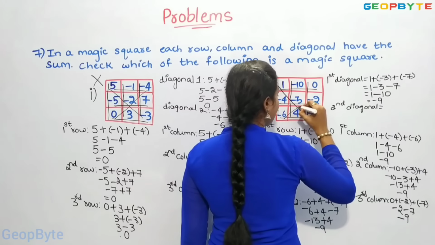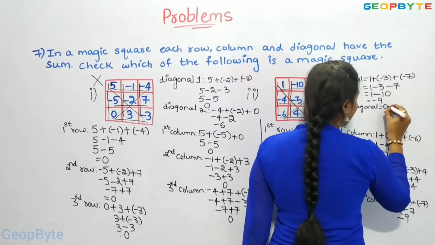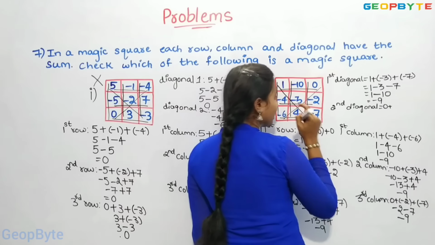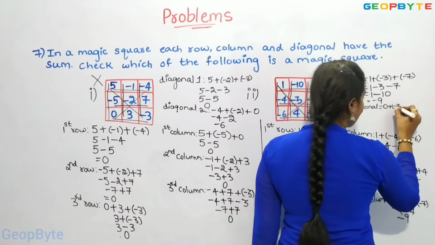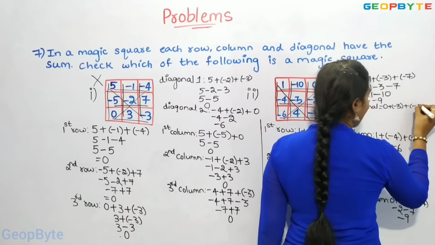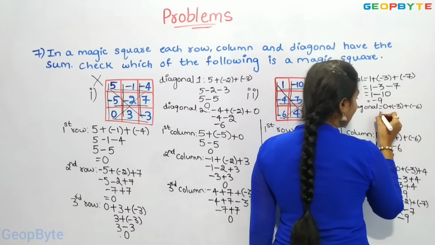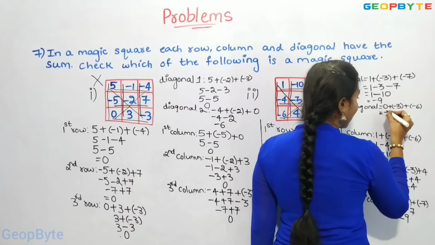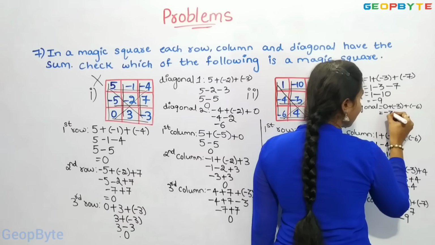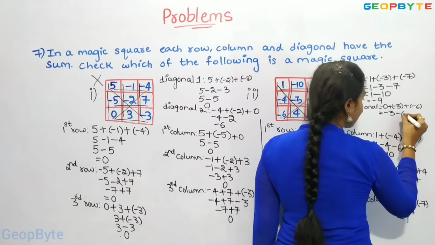This is the second diagonal. We have 0 plus minus 3 plus minus 6. 0 is negligible. Plus into minus minus 3 plus into minus minus 6.